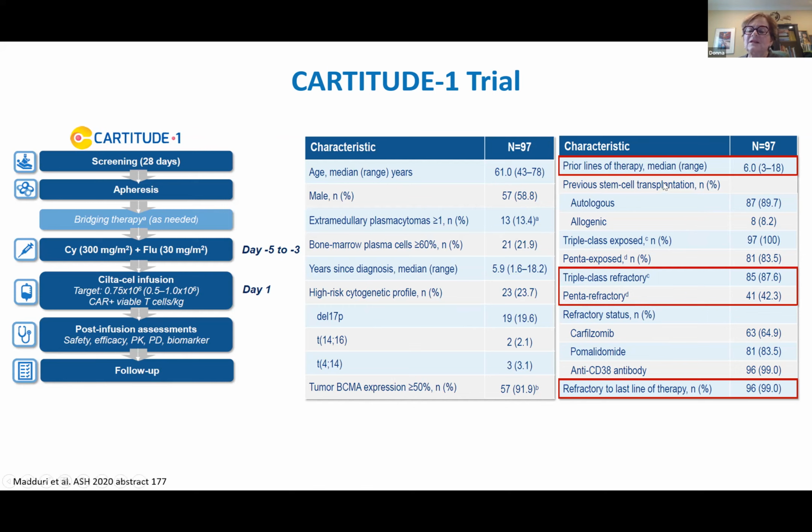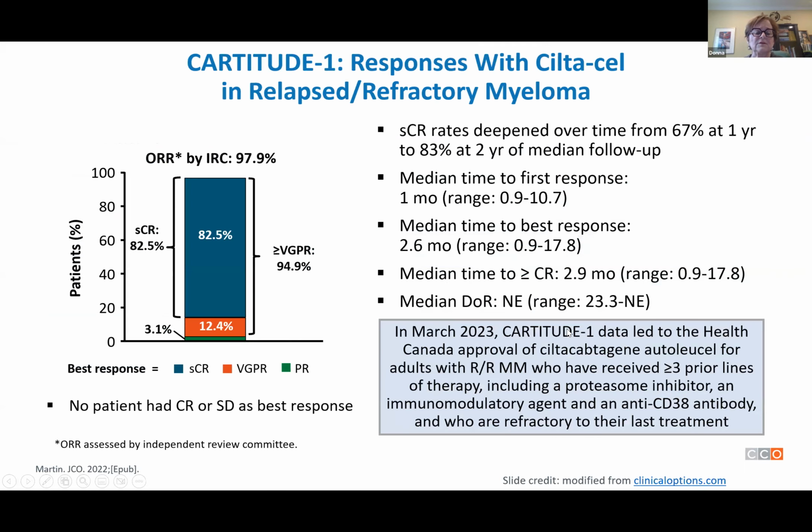And you can see that, again, patients had a median of 6 lines of treatment, 25% at high risk, outside of the bone marrow plasmacytomas, and 13%. And you can see the refractory population here. So again, very heavily pretreated.